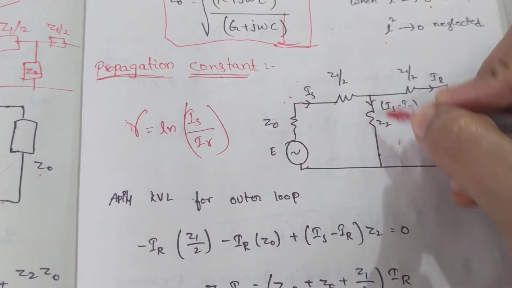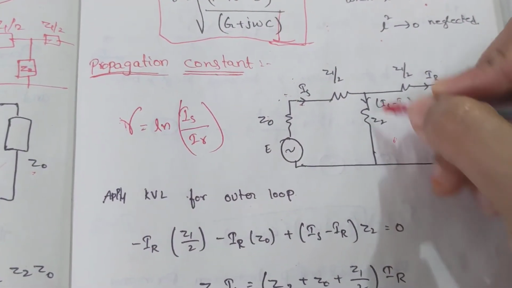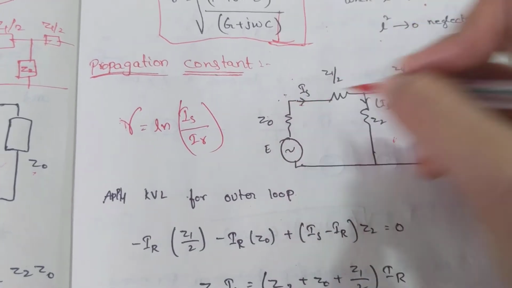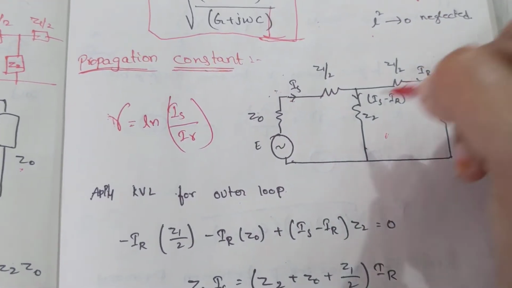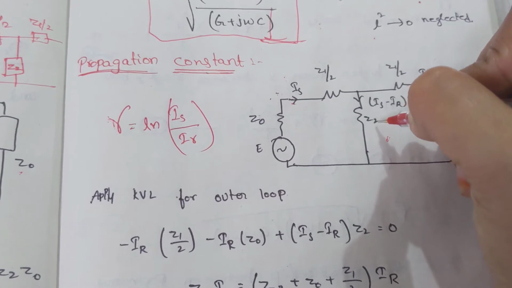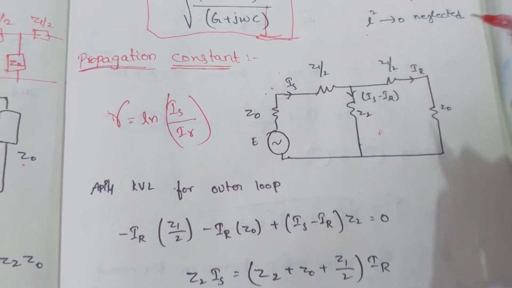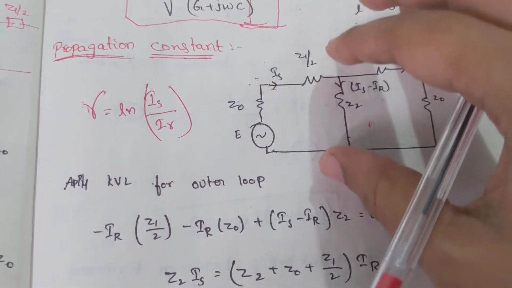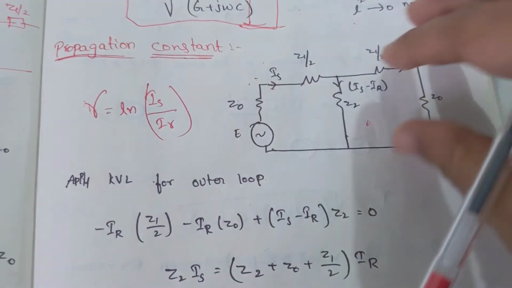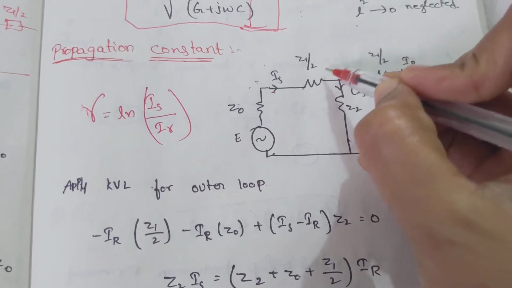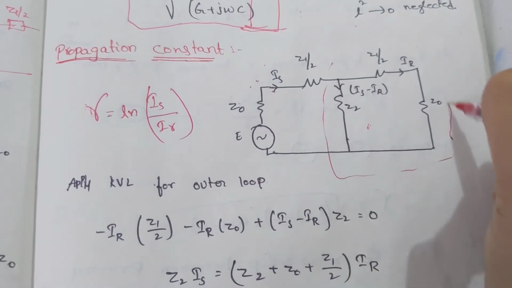The current flowing through the middle branch is the difference of these two, so the current flowing through Z2 is Is minus Ir. I am not considering the entire section, I am just considering this outer loop.